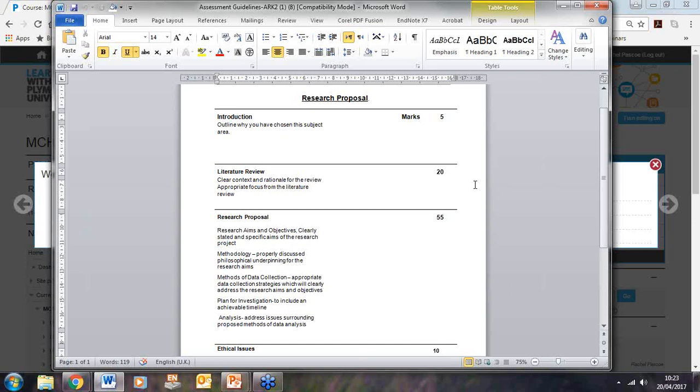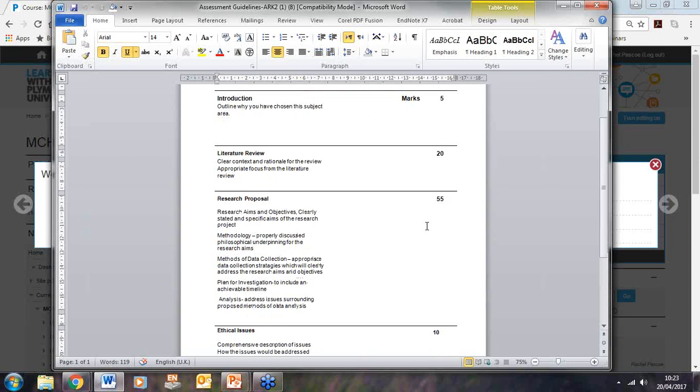We then come into the bulk of the assignment, which is the research proposal section. And 55 marks are allocated for this section, and I've broken it down into subheadings. You're starting off your research proposal with a clear research aim and some objectives.